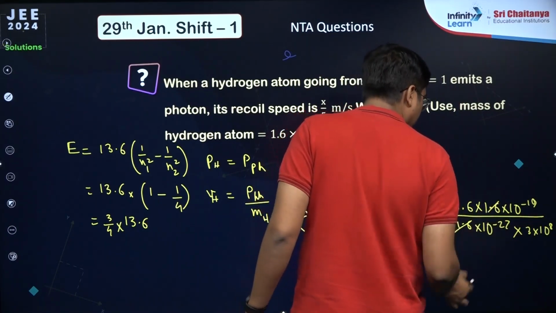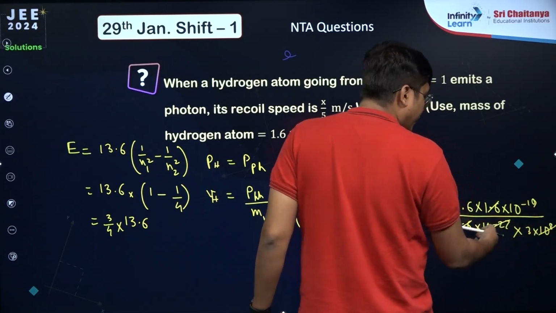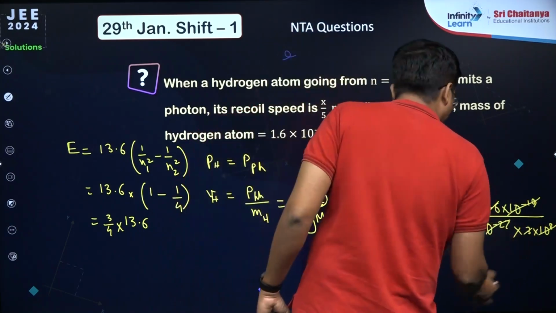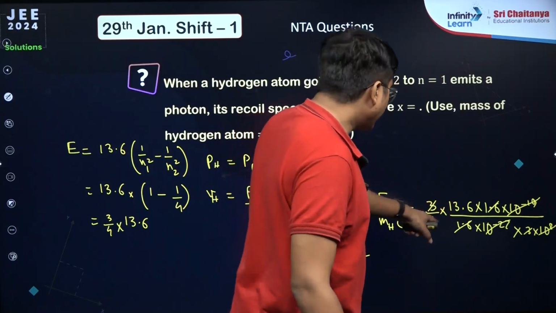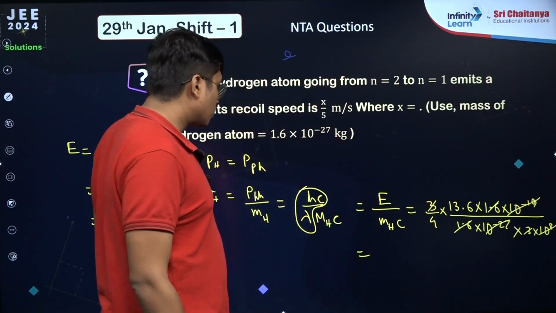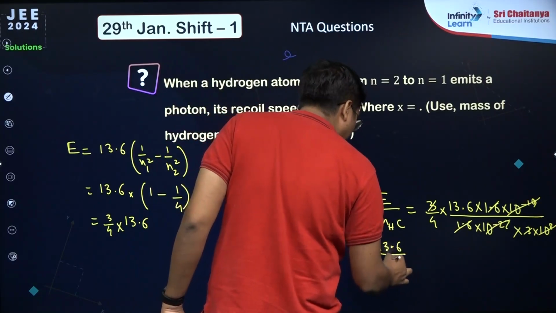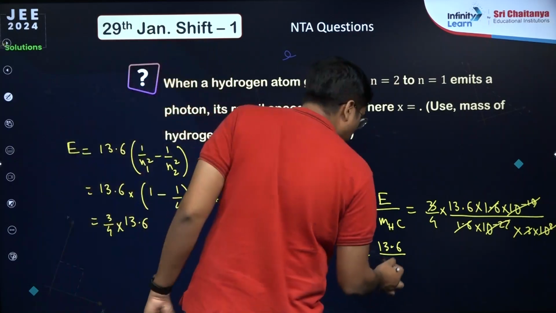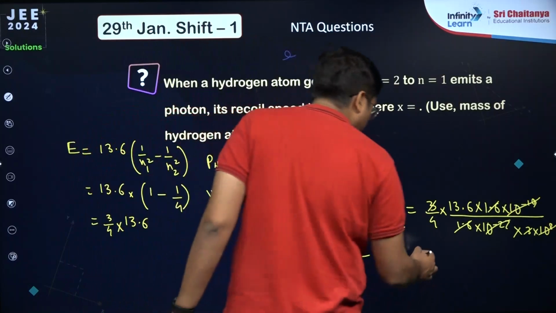Cancel this 1.6. This cancels with this, leaves behind a 10 to the power minus 19. That takes this out. This 3 goes out with this 3. So you are left with 13.6 divided by 4. 13.6 divided by 4 would go with, I believe, 3.4.